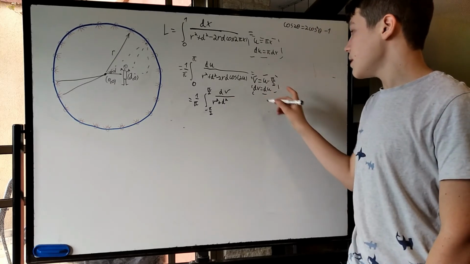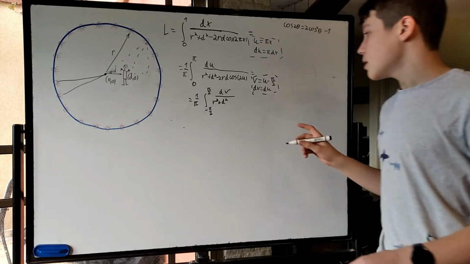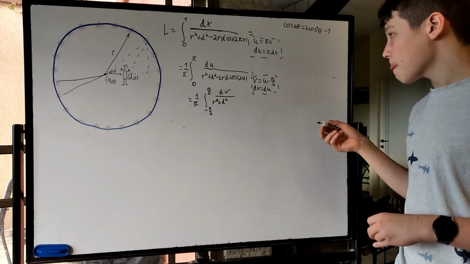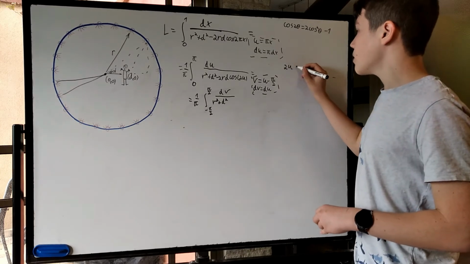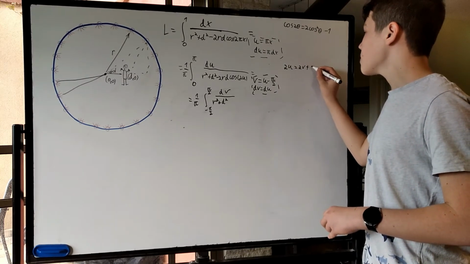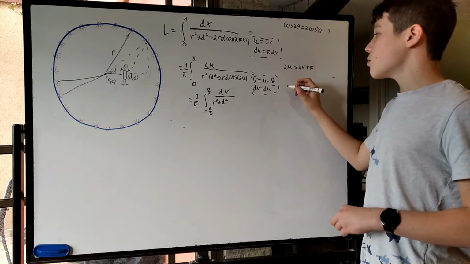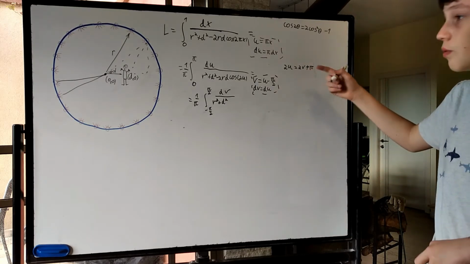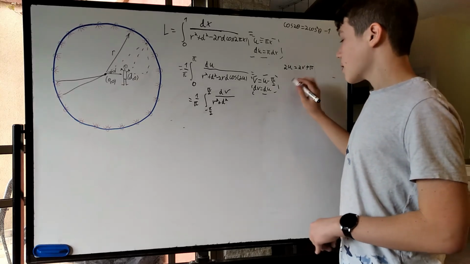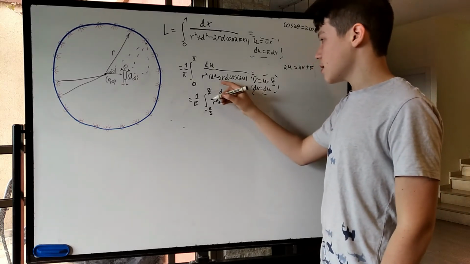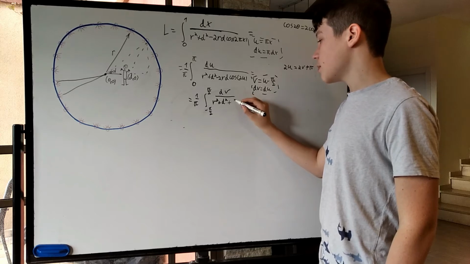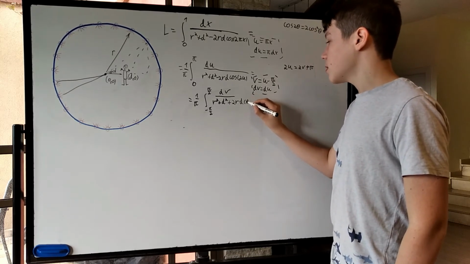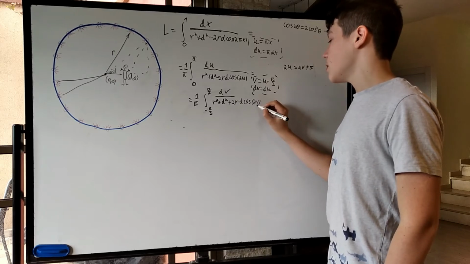Now, v is u minus pi over 2, and so u is v plus pi over 2, and so 2u is 2v plus pi, and so cosine of 2u is negative cosine of 2v, meaning that this negative turns into a positive, so this is plus 2rd cosine 2v.